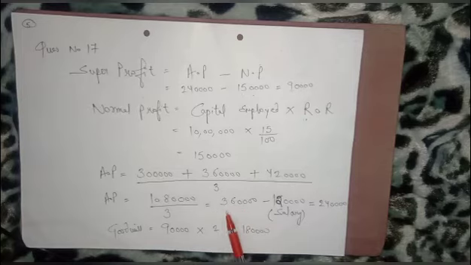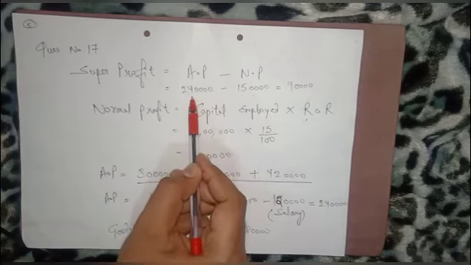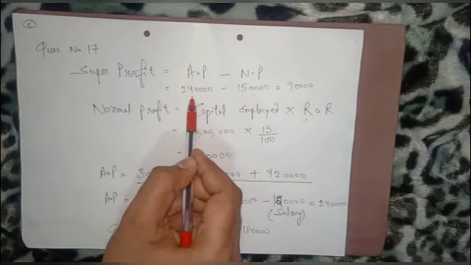But if an expense such as salary is given in the question, as per the rule we have to deduct the expense from the average profit so that we can have the exact profit. So whenever salary is given, you must deduct it from the average profit and you will get the exact average profit. You put this value here, 2,40,000. This is your average profit now.